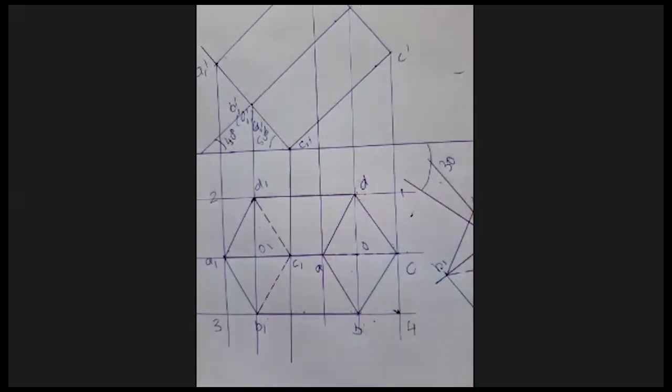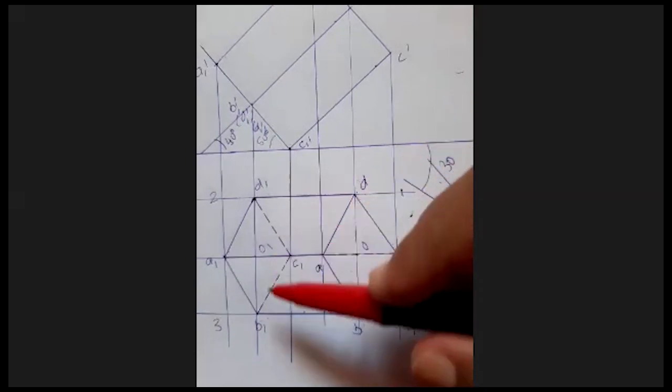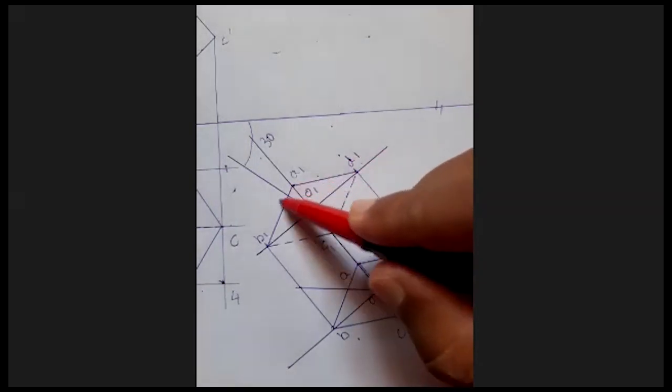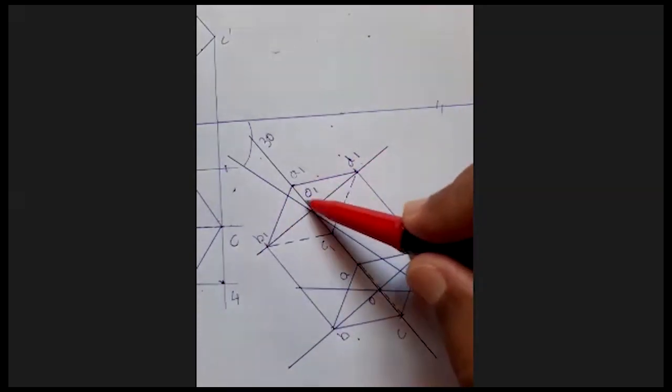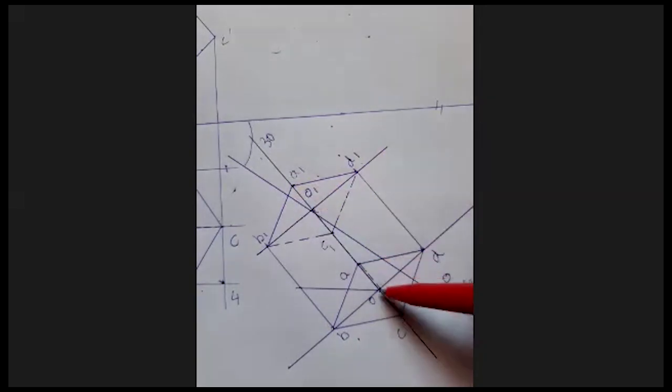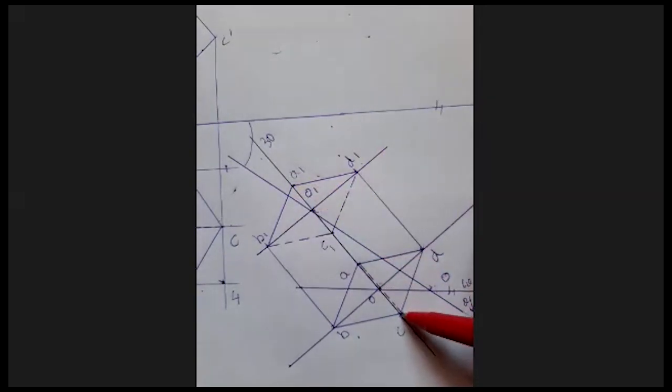But if you're placing 1, 2, 3 and 4, you have to make sure you're drawing a rectangle here like this with these points, so that from O1 you first have to measure A1, and from O you have to measure C. Then here you have to draw a 90-degree line. Instead of at this point, you have to draw it at this point here, so that these two lines are parallel.